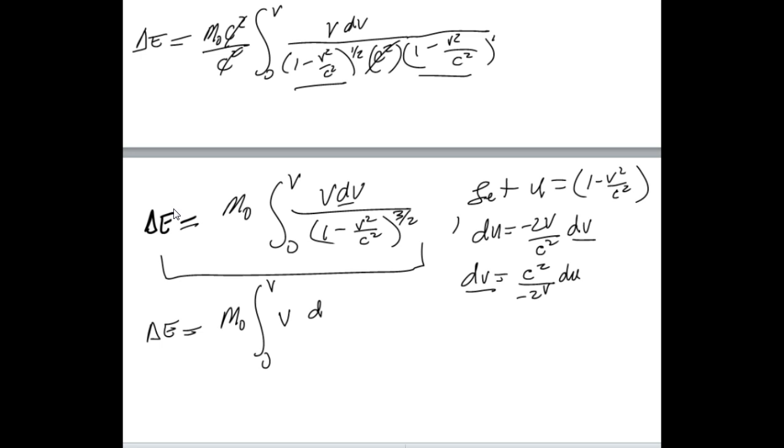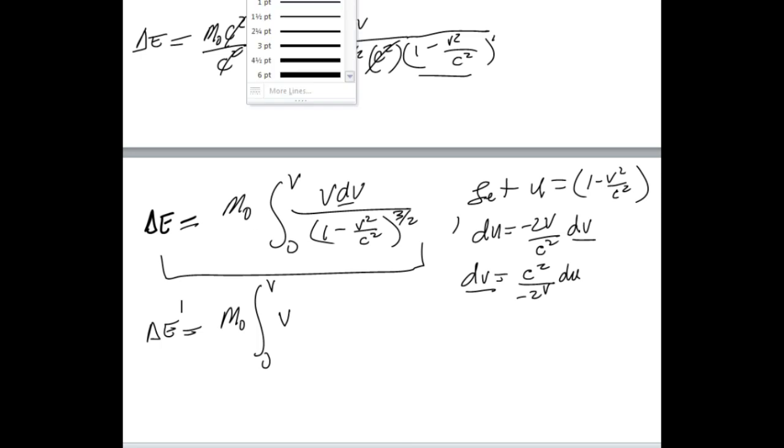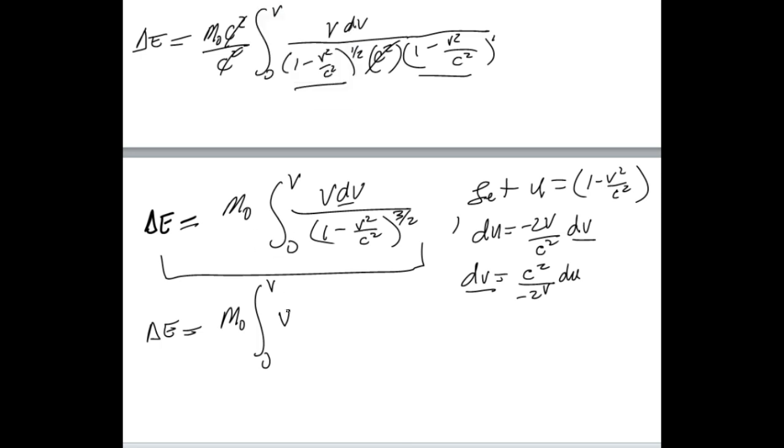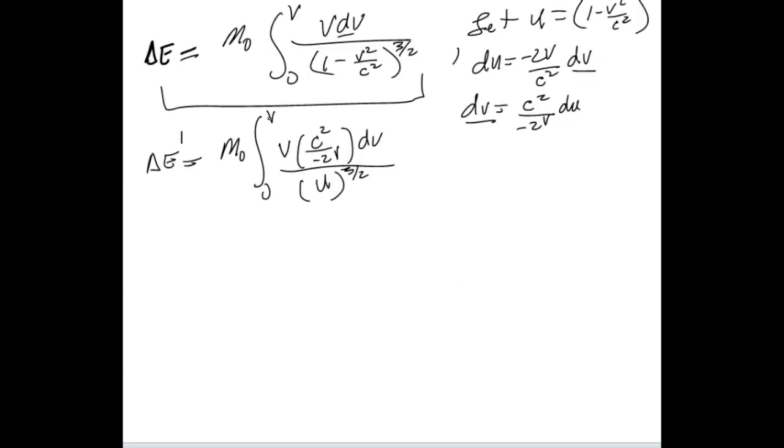I'm substituting for dv here. So that's going to be equal to c squared over minus 2v du over u raised to the power of 3/2. And what's going to happen here is this v cancels this v.